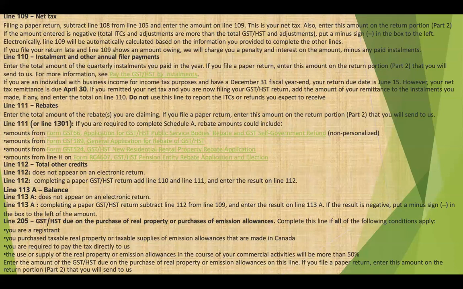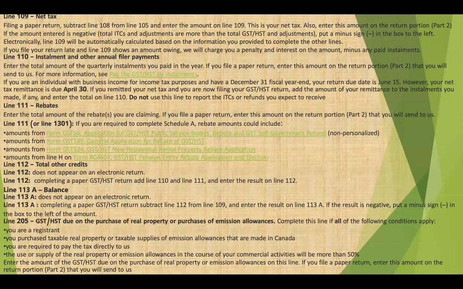Then line 111 amounts come from form GST 66, application for GST and HST public service body rebate and GST self-government refund; form GST 189, general application for rebate of GST; and form GST 524, GST and HST new housing rebate application.